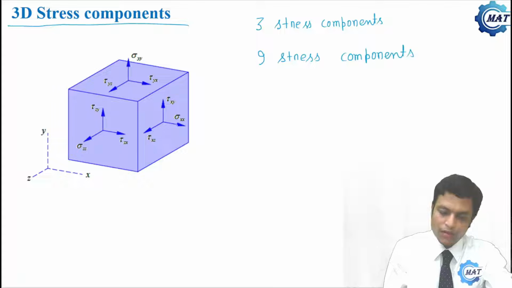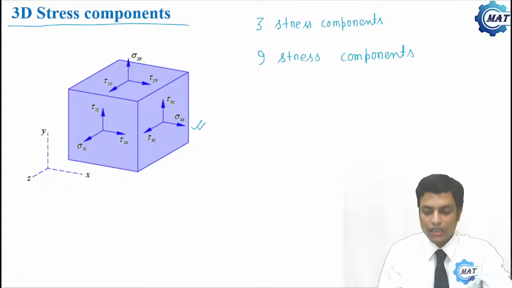If we talk about this face, which is perpendicular to x, sigma xx is the normal stress and the other two are shear stresses. So what are the 9 stress components?